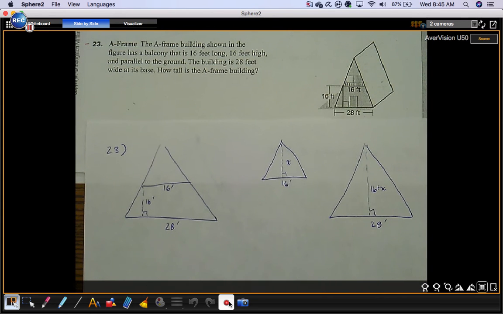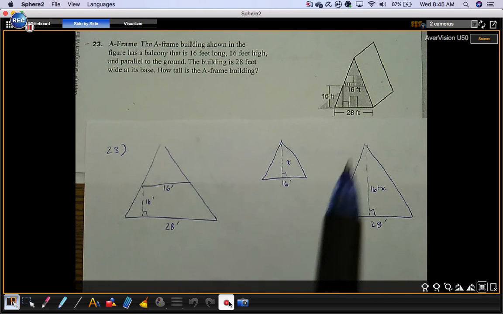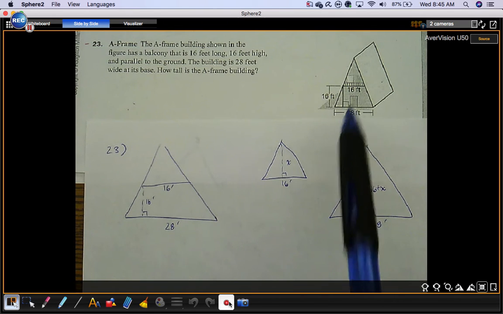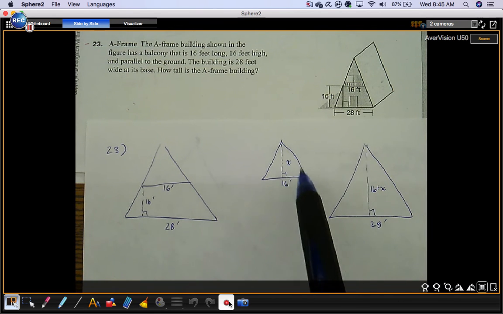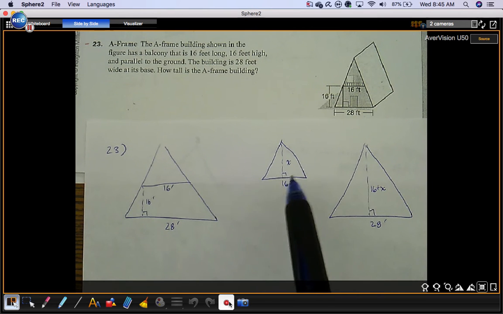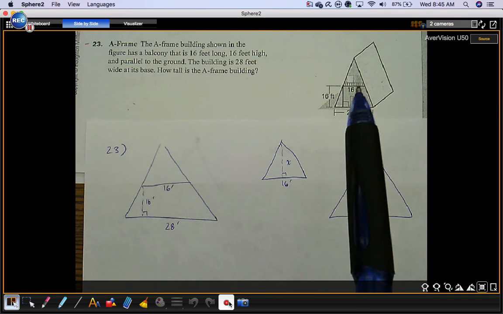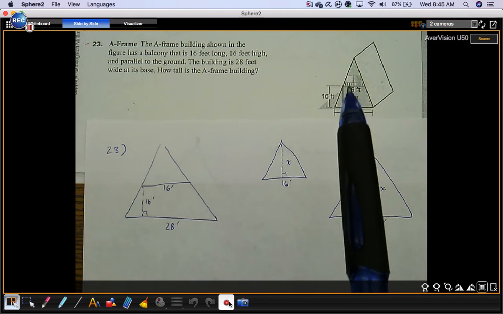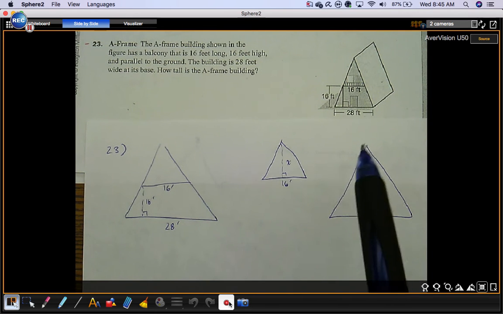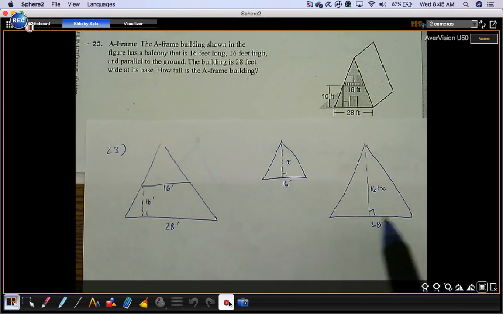Best thing to do in this one is to draw the triangles separately. You have a little triangle inside of a bigger triangle. So if you would redraw the little triangle, obviously this is 16. We would like this piece, but we don't know what it is, so we'll just call it X. Now when we transfer over and we look at this bigger triangle, we know that this bottom is 28 feet.